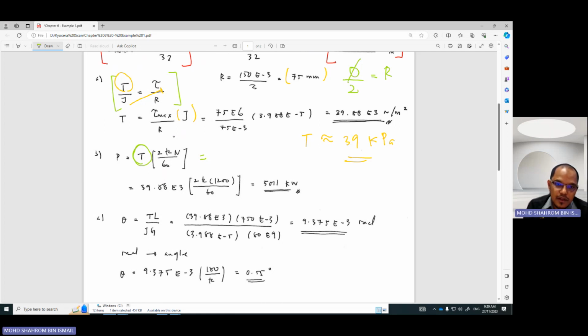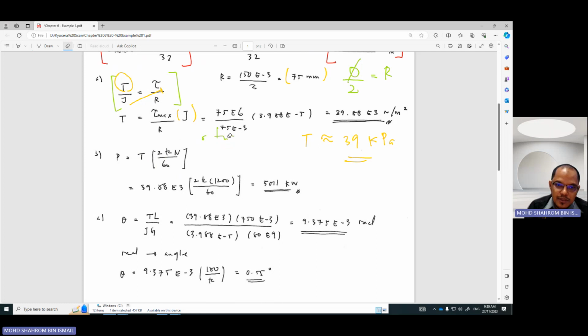Since we know that n is equivalent to rotation per minute. Okay, so that's why we got 60 here. So let's say if the case goes by second, maybe it goes by hours, something like that. So you need to convert it to be RPM in order to suit for this equation. Yeah.